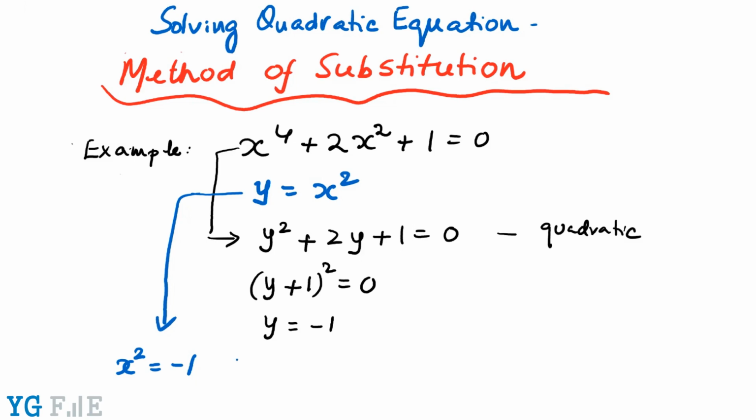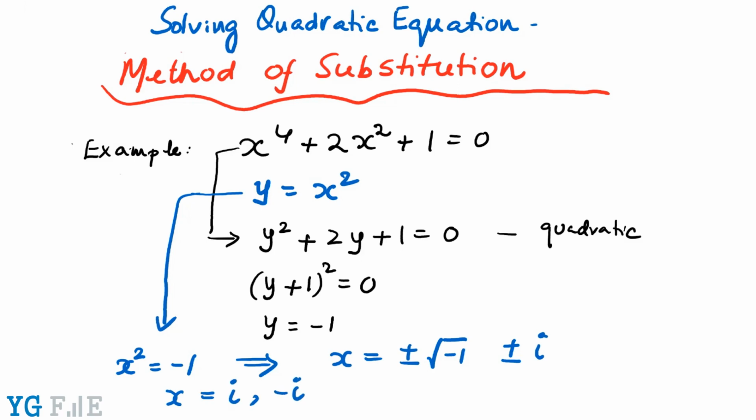So by simplifying this we will get x is equal to plus or minus square root of minus 1. And remember, square root of minus 1 is an imaginary quantity, so we can write this as plus minus i. So we got two roots, x is equal to i and minus i.